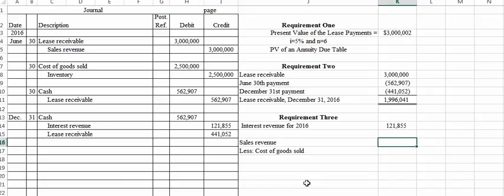So our sales revenue is equal to the 3 million. I just think this is much easier with the journal entries there to the left. You could certainly do this without those, but to me it just makes it much easier. Our cost of goods sold is 2.5 million.